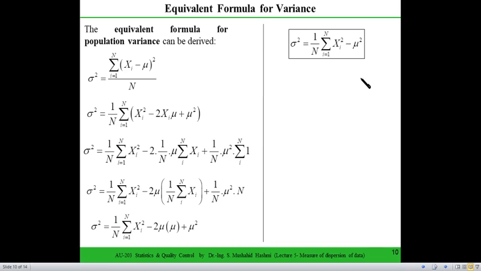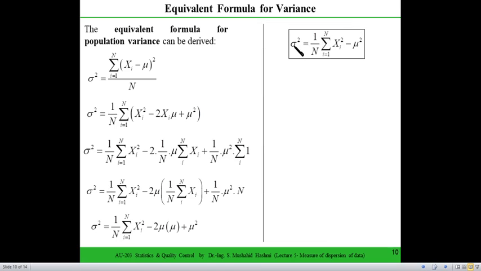What you can do is take the sum of the observations, whatever your observations are. Take the square, take the sum of the squares of those values, and then divide by n, and subtract the square of the population mean.